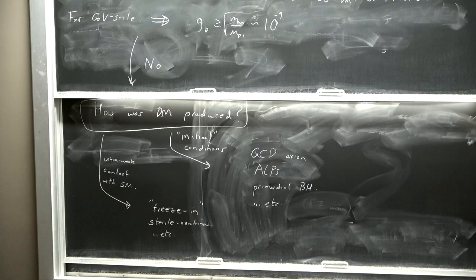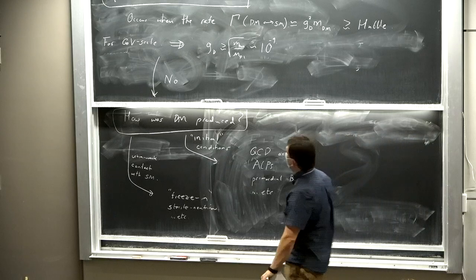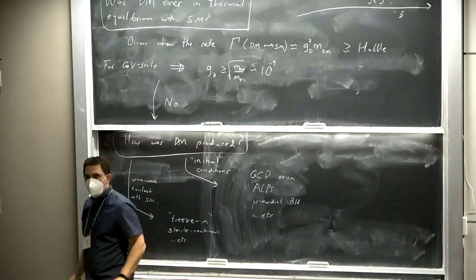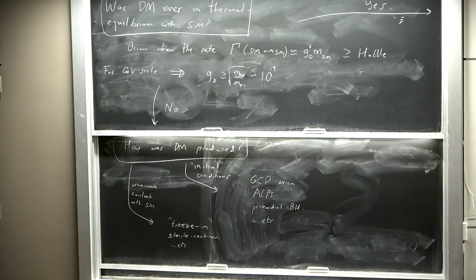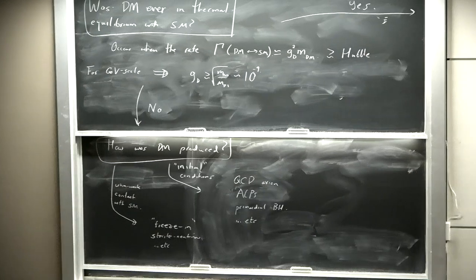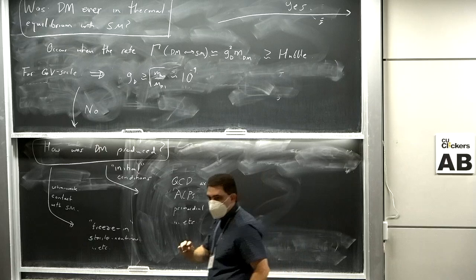Okay. So what about the case where the interactions are not wickedly small, so that you do expect equilibration to occur? Then you want to use this second clue that we get from experiment, which is that dark matter doesn't seem to carry much entropy. But if it descends from the early universe, it had entropy at some point, so it's got to go somewhere. So where does it go?